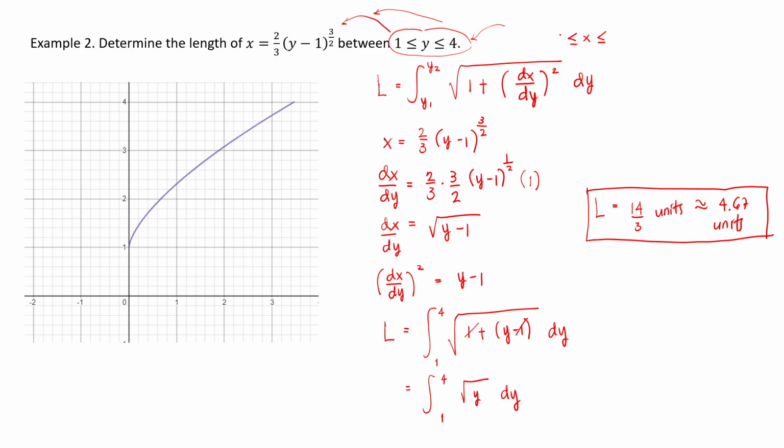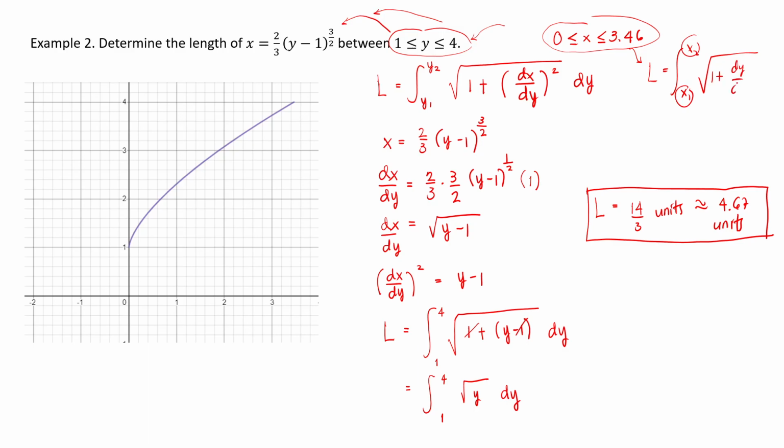So the first range is 0. Then I'm going to have 4 minus 1, so 3 to the power of 3/2, times 2/3. So the second range is 3.46. And if you have this range, you can use the x format of the equation. So this will be your range from x1 to x2.